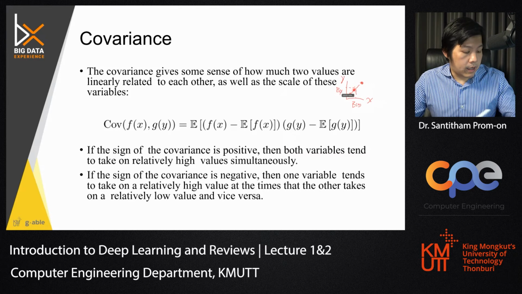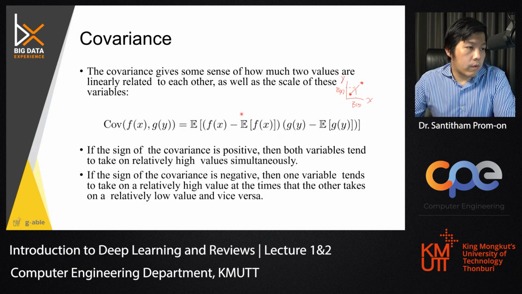That would mean if this is the mean of x and the mean of y, ignore g for the moment, then you get a value here. If f is more than the mean and y is more than the mean, then multiply them, you get a positive value. If x is less than the mean and y is less than the mean, multiply them, you get a positive value, right? So this is like an average of the difference.